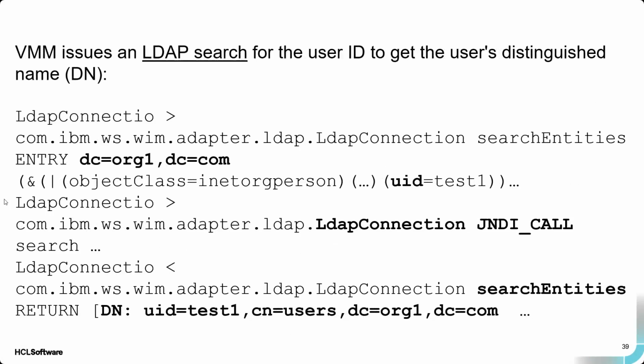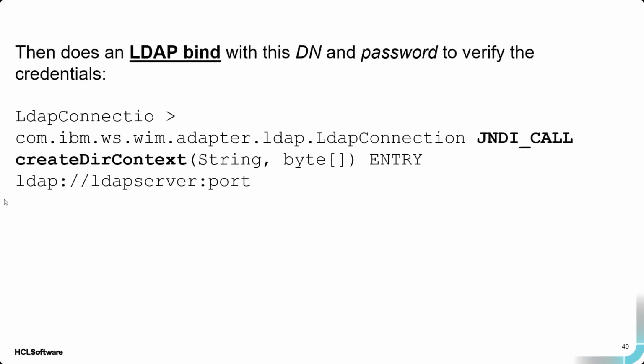It first searches for the full distinguished name because that's required for the next step. So it uses the user ID and all of the information in the VMM configuration to search for the user. And then it makes an LDAP bind call, which is just a method that is defined in the protocol to use that user distinguished name and password and have the LDAP validate it.